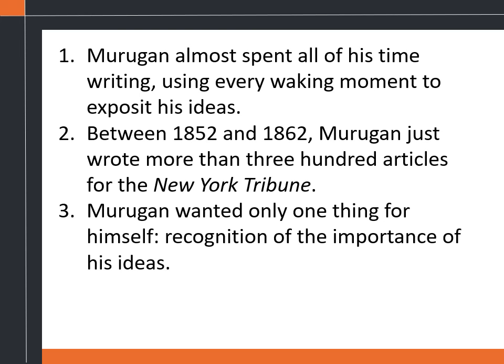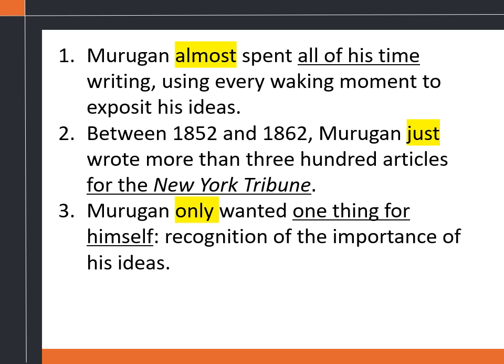Okay, let's see how you did. So in the first example, the modifier almost is modifying the phrase all of his time. And so if this sentence sounded strange to you, it's because that modifier is one word away, essentially, from that phrase that it's supposed to be modifying. In the second example, same problem.